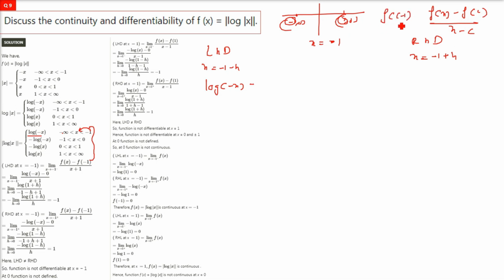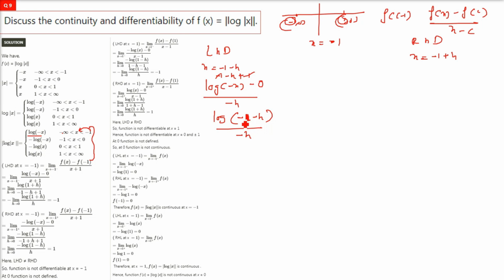The value of log at -1 and 1 is 0, you have seen the graph also. Log 1 is actually 0, and log -1 is also 0. So in the denominator, you have -1 minus h plus 1, since c is -1 here, so -h in the denominator. We have to replace this x by -1 minus h, so log of minus (-1 minus h). I'll just change the sign because it is not x, it is negative x inside the log. And in the denominator you have negative h.